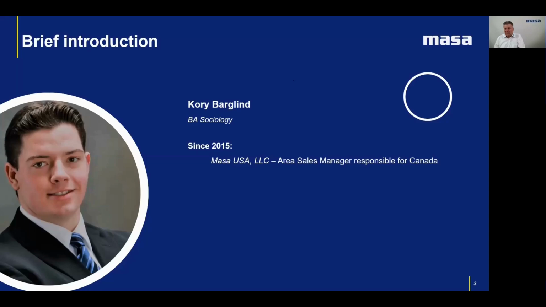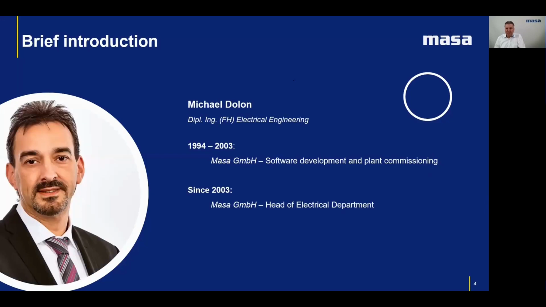In 2015, after his successful graduation, Cory Barkland joined Masa USA in Green Bay, Wisconsin. Today, his primary responsibility is area sales manager for Canada and parts of the USA. Michael Dolon has been with Masa since 1994.